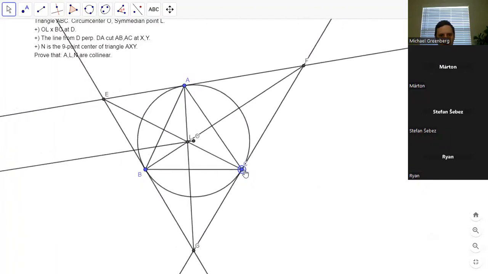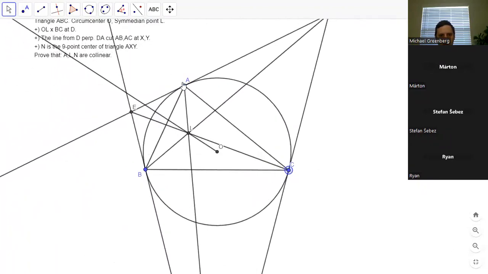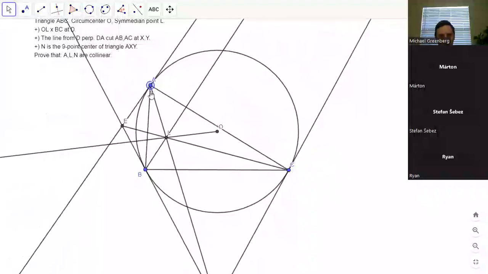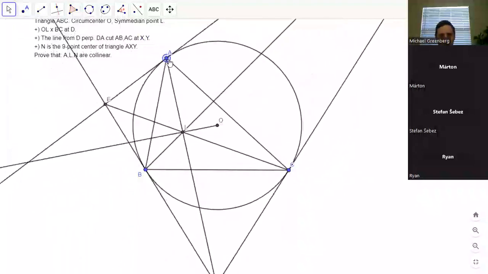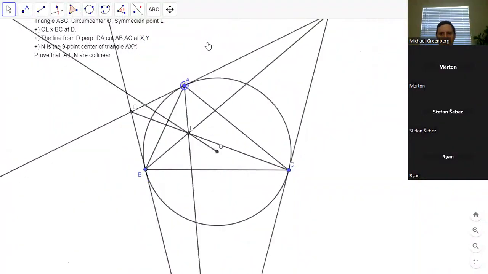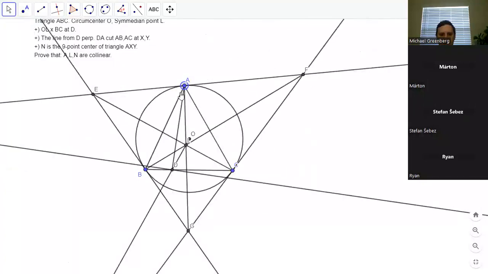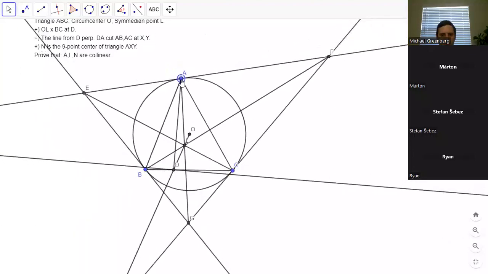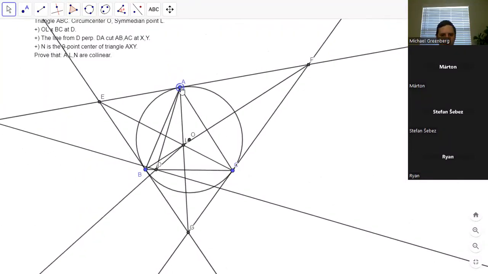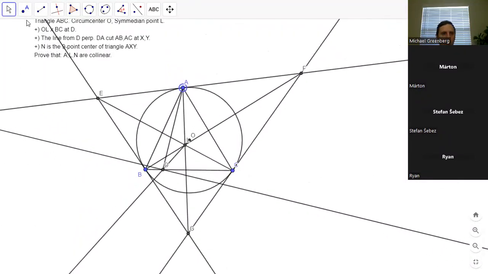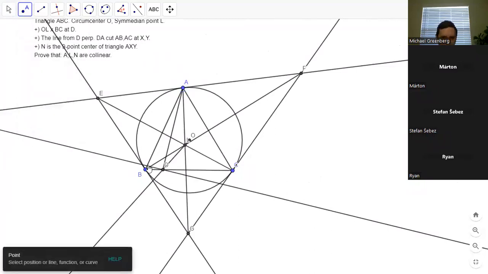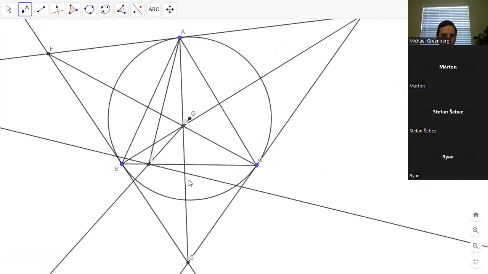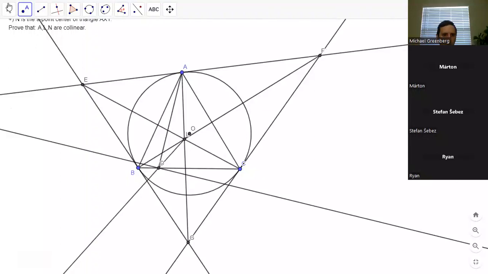What if I do it like this? No, I don't want to make it super obtuse. If I make it super acute, I'll just do something like this. It's not perfect, but oh well.